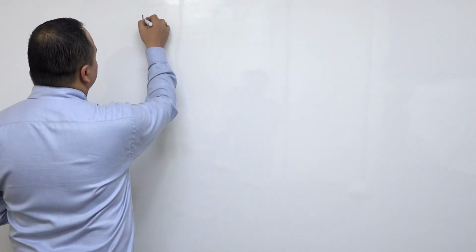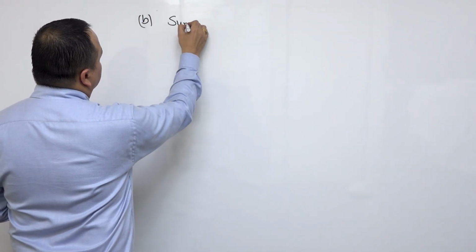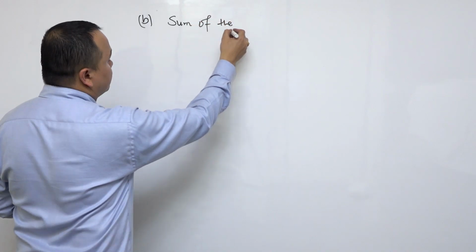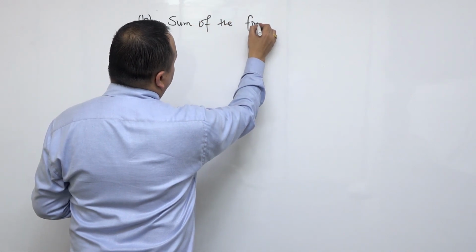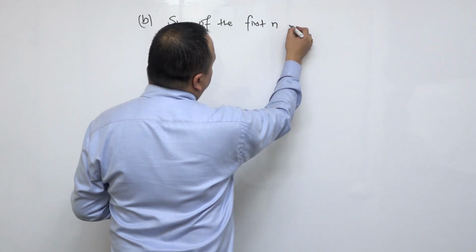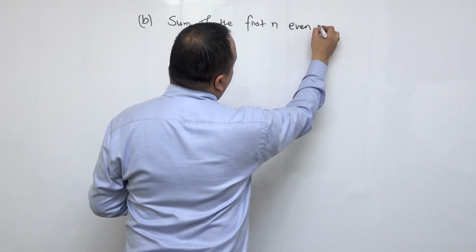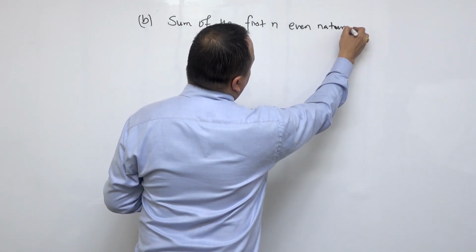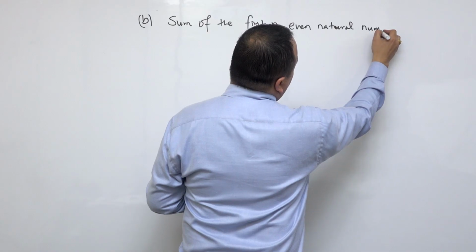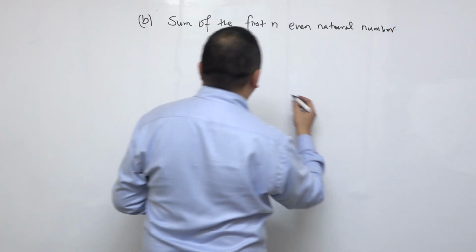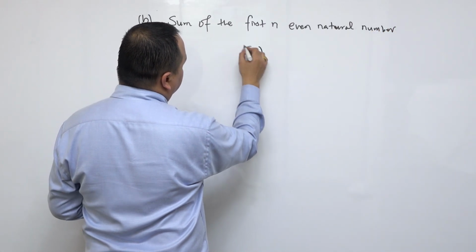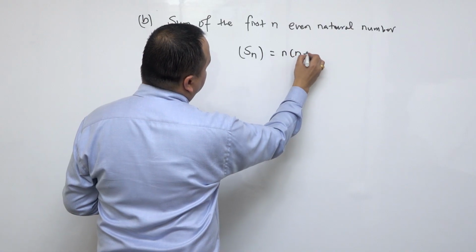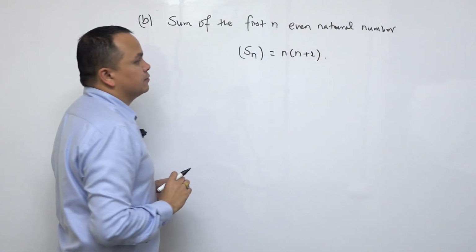Similarly, we can show that the sum of the first n even natural numbers, 2 plus 4 plus 6 plus ..., Sn is n times n plus 1.